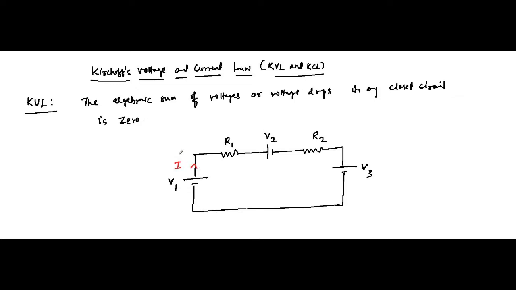First, the polarity. This is the positive terminal, this is the negative terminal. Current always flows through a resistor with this kind of polarity, plus to minus, because power is always absorbed. This V1 is supplying power because current is flowing externally from positive to negative, flowing away from the positive terminal into the negative terminal.